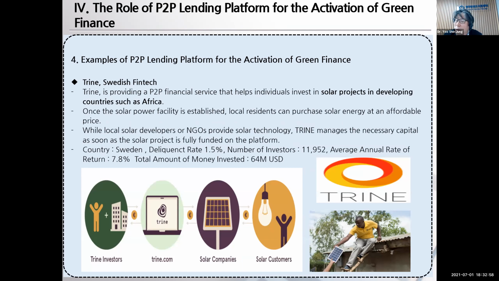The company raised a total of $64 million in investment, gathered a total of 11,952 individual investors, very many investors connected, and achieved an average annual return of 7.8%, which is pretty high, and the total delinquency rate is only 1.5%. It's pretty good.